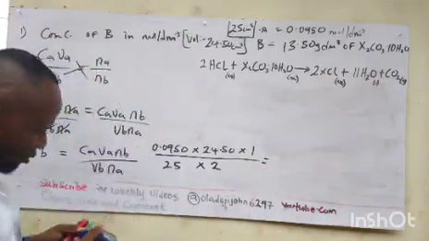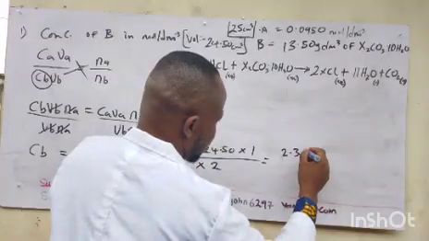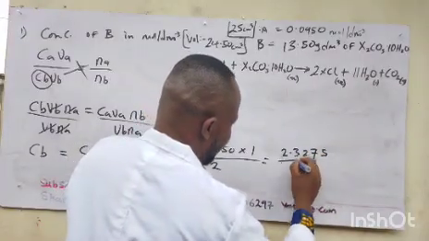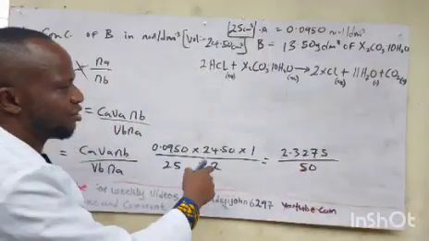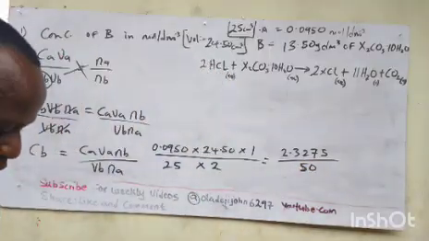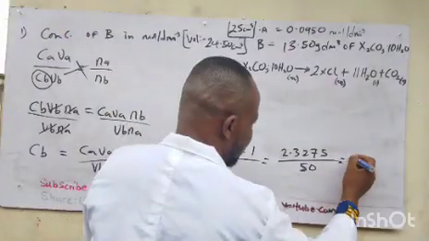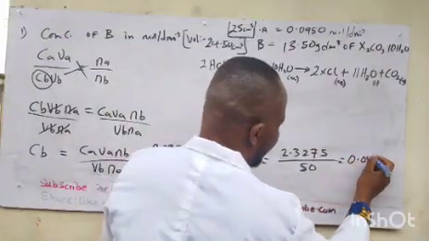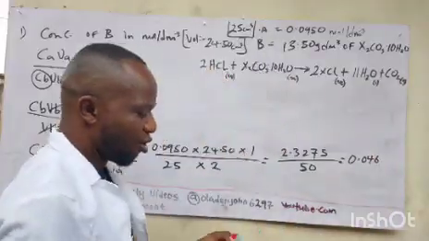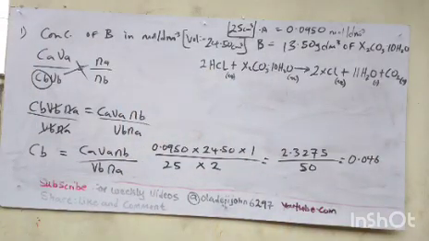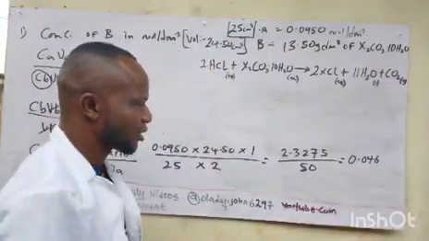So here we have 2.3275 over 50, which is 25 times 2. So let's divide this by 50. So we have 0.046. Now it is always good to give 3 decimal places.